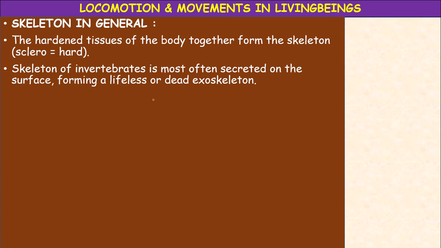Okay. We may get a doubt: the vertebrates, the animals which possess the vertebral column or backbone, possess the endoskeleton, but what about the invertebrates? So, in most of the invertebrates, this skeleton forms a lifeless or dead exoskeleton.